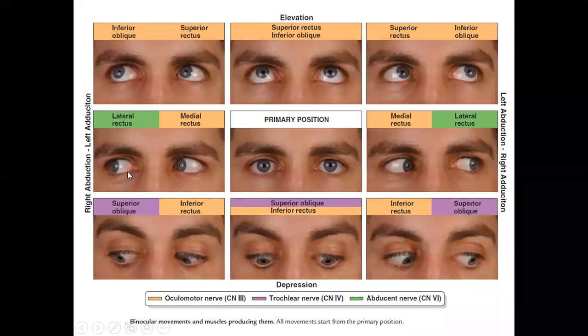And if you look towards the right side of your windows, your right eye will be abducted and your left eye will be adducted. You can see the left pupil is moving, directing towards the nose, and the right pupil is directing towards the ear.